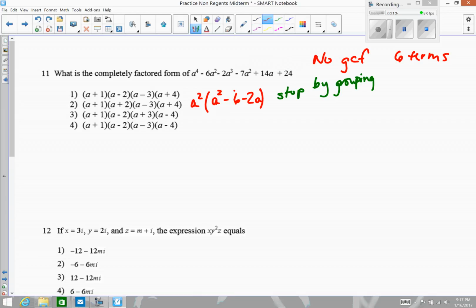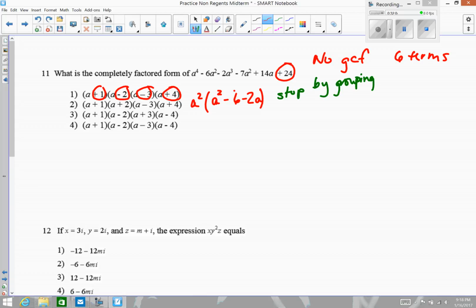So in order to have my factors end up with a plus 24, if I were to multiply all of my constants with the signs here, I want to find one that ends up equaling a positive 24. So if I look at number 1 and I multiply positive 1 times negative 2 times negative 3 times positive 4, that one does give me a 24.